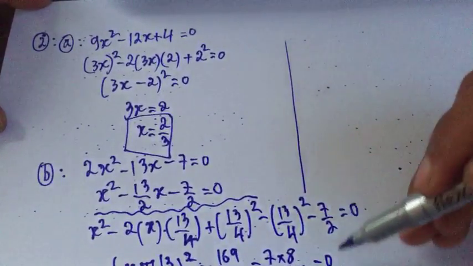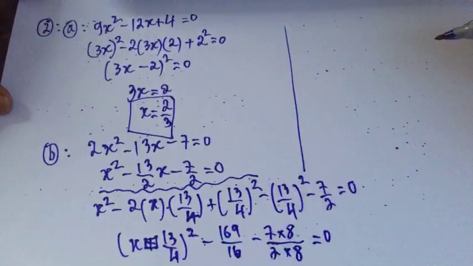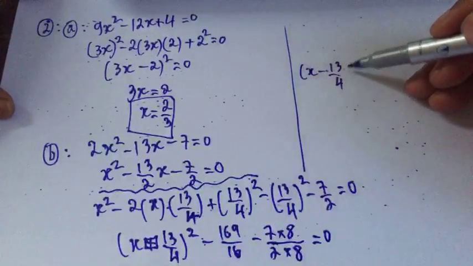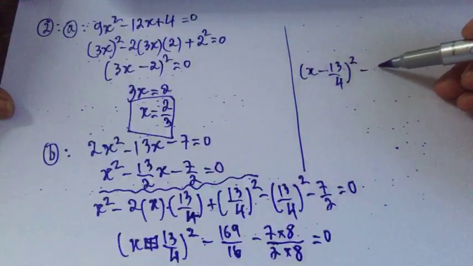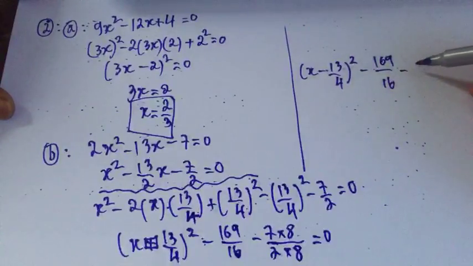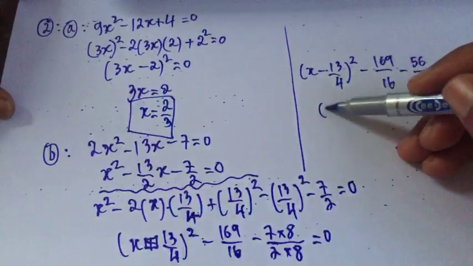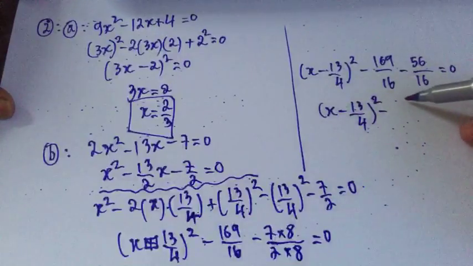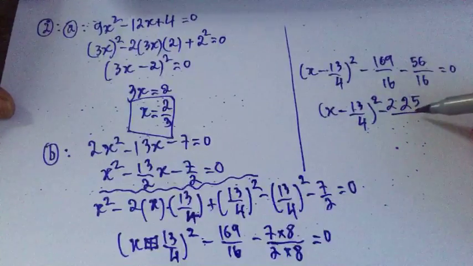After that, you can continue: x minus 13 divided by 4 squared minus 169 divided by 16 minus 56 divided by 16 equal to 0. x minus 13 divided by 4 squared minus 225 divided by 16 equal to 0.